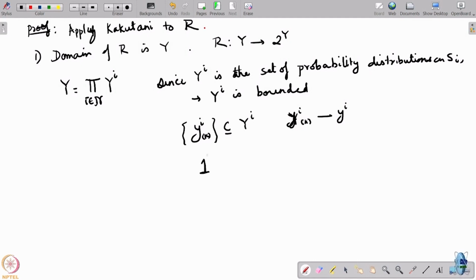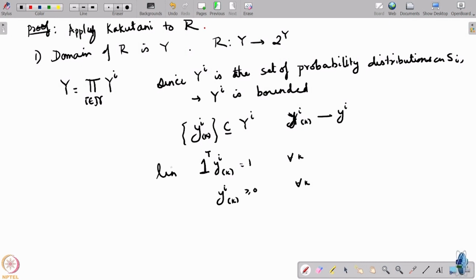Each of these belonging to Yi means that 1 transpose yi^k equals 1 for all k. It also means that yi^k is greater than or equal to 0 for all k.